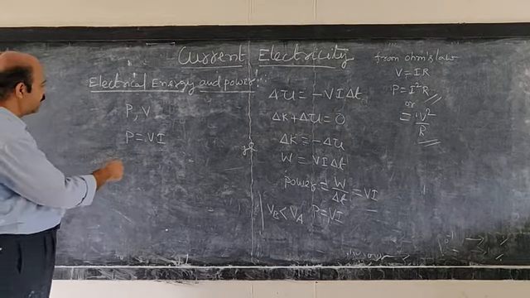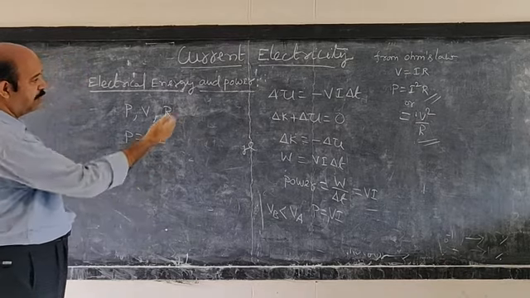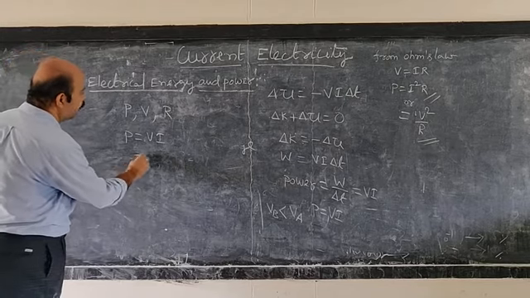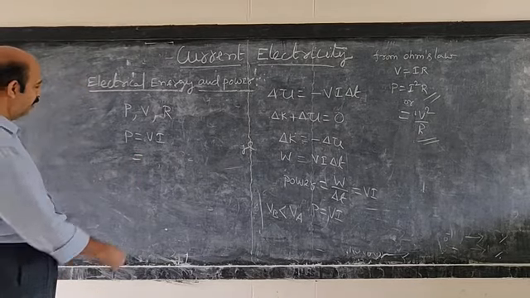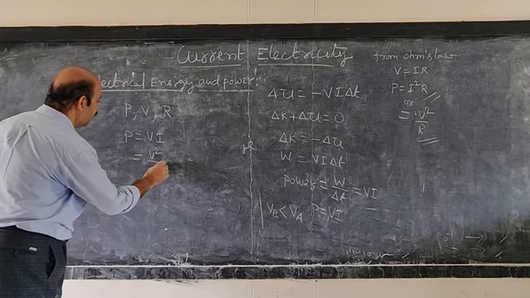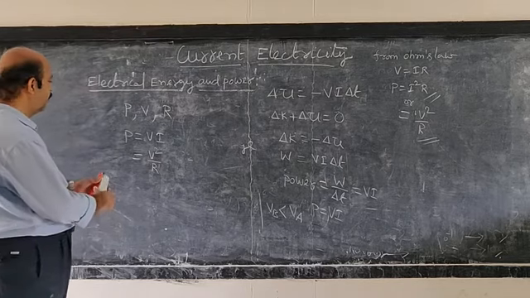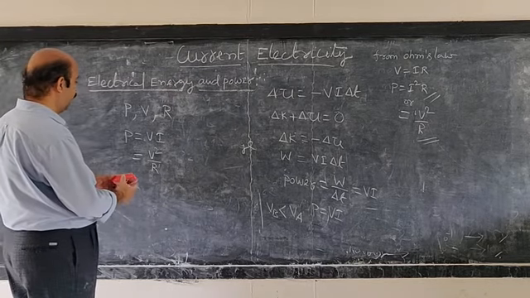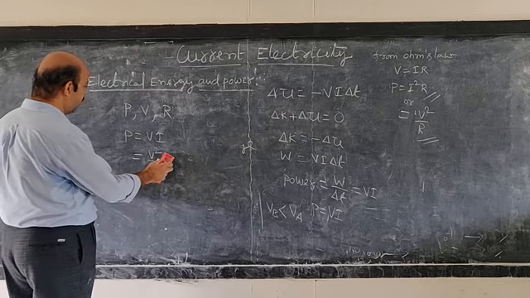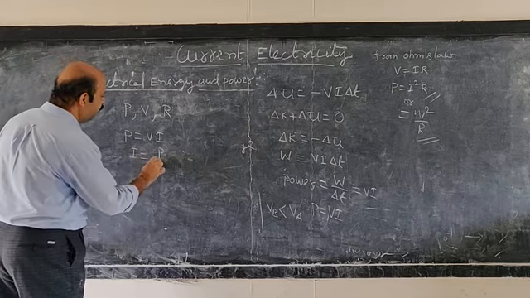Now it has a resistance of say some R, and hence from that formula we can write power is equal to V square by R. Or we can say that the current required is I equal to P by V.